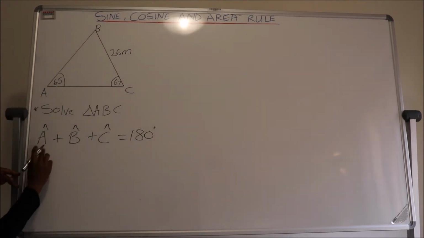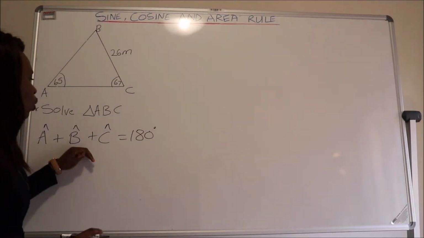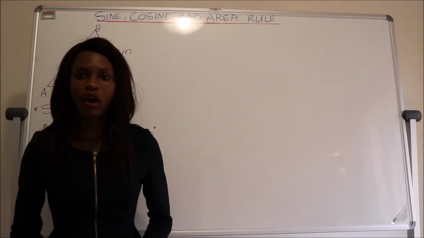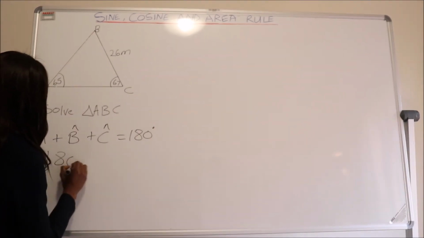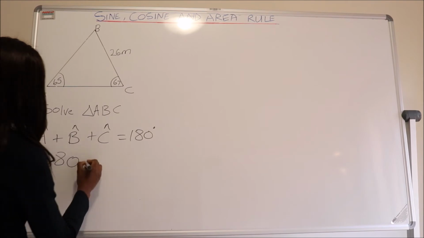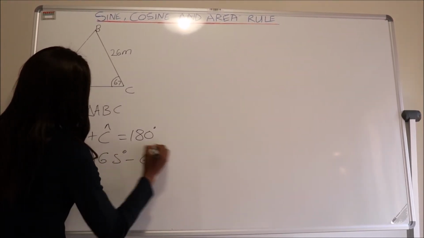Then from here we have A and C as the known angles. That means we only have to solve for B, which will be the only unknown in this question. Then we have 180 minus 65 degrees minus 67 degrees.